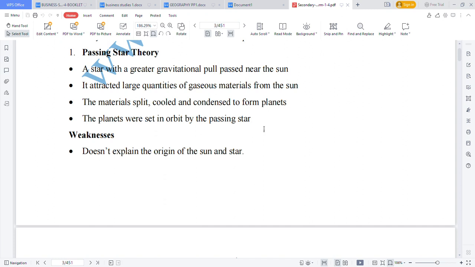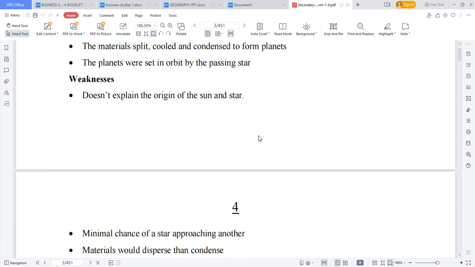Very straightforward. I have simplified this document so that it enables you to understand what is happening. You go and do your KCSE exams, pass, then do the course you want. We have weaknesses of passing star theory. It does not explain the origin of the sun and the star.